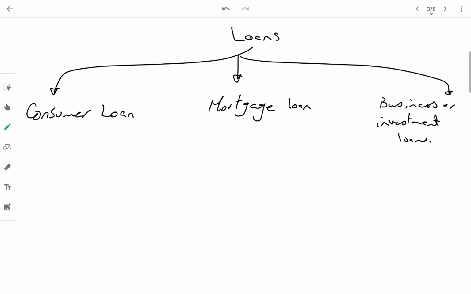This is a consumer loan. With a mortgage, you are going to buy a building or a land. In the case of business or investment, you are going to make a new project, a new investment project. So commercial banks will accept the three different types of deposits and are able to make the three different types of loans.